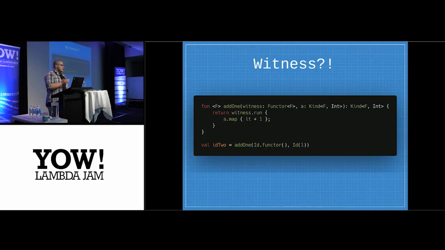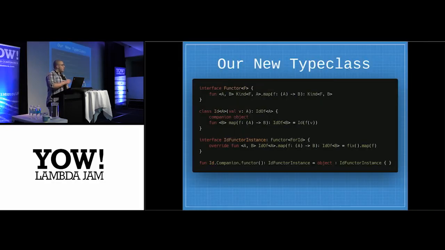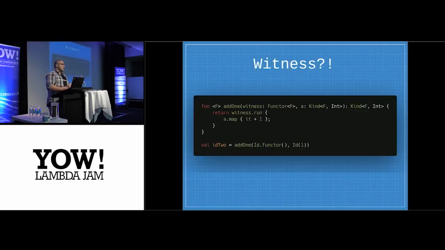Because we didn't define the method in this slide, we didn't define map on ID A from a functor perspective. We defined it on kind FA, which means there's no way to have an ID and say, hey, by the way, ID is a functor and ID has .map, because then we'd have type classes. So what we end up needing to do is to say, here is something that gives ID all the methods that a functor needs.